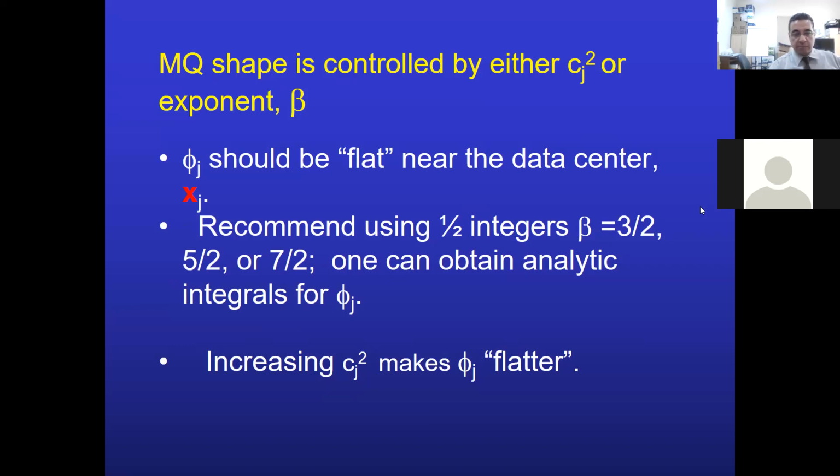So you can do this by either increasing the exponent beta, or increasing the shape parameter. So going either way, increasing the shape parameter or increasing the exponent makes the basis function flatter. Next slide.